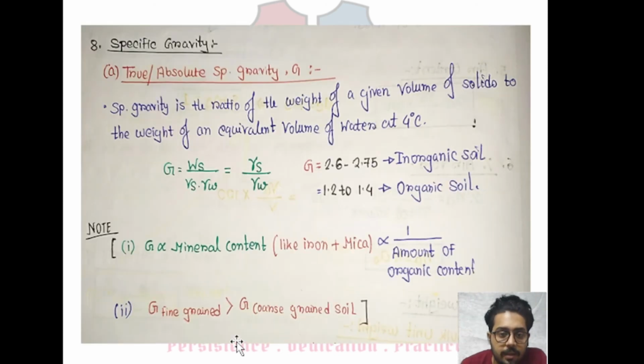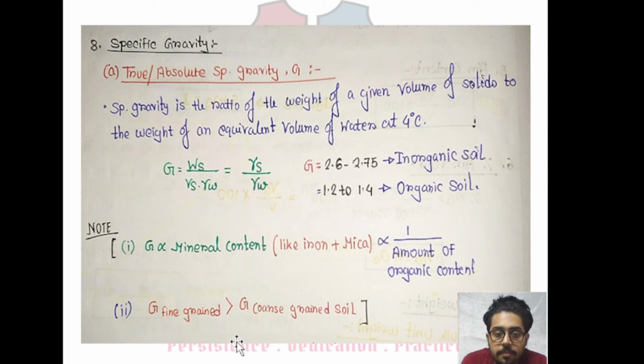Now specific gravity, true or absolute specific gravity. Specific gravity is the ratio of the weight of a given volume of solid to the weight of an equivalent volume of water at 4 degrees centigrade. Specific gravity is represented by G equal to weight of solid by volume of solid, whole divided by unit weight of water.